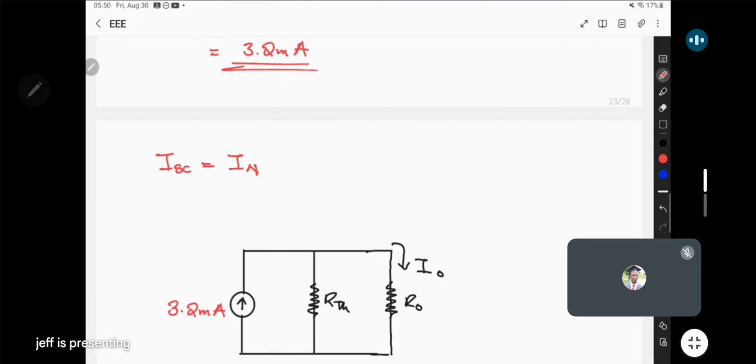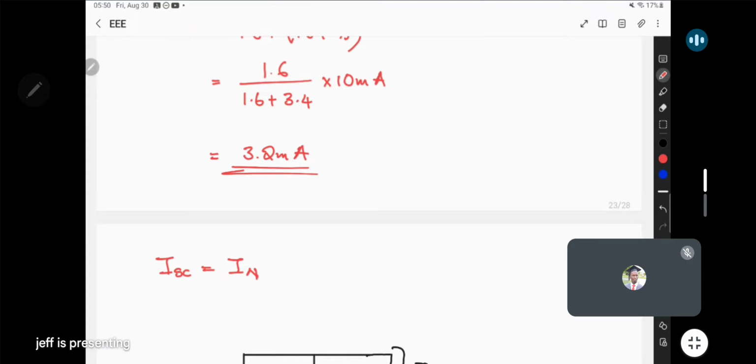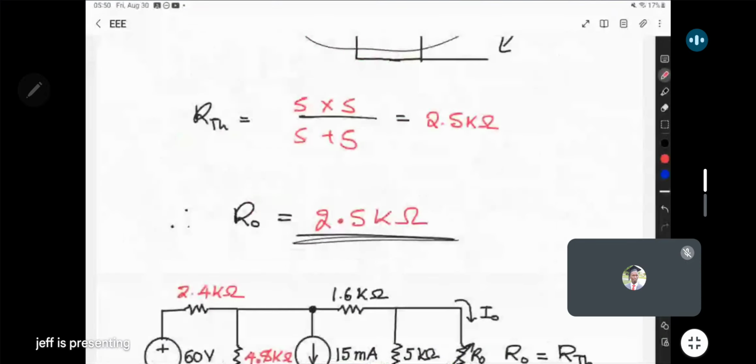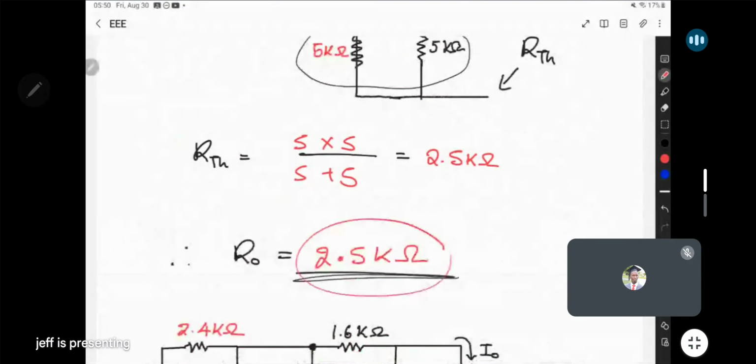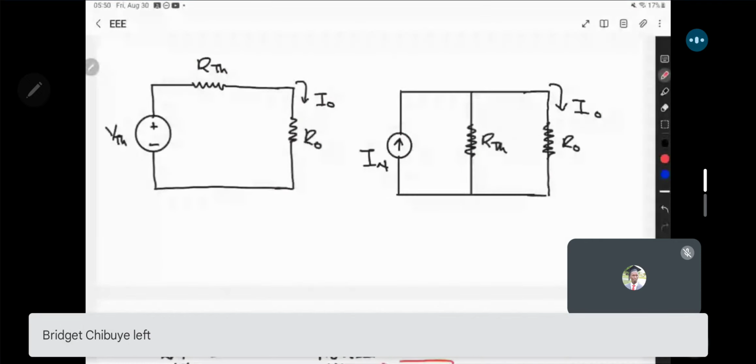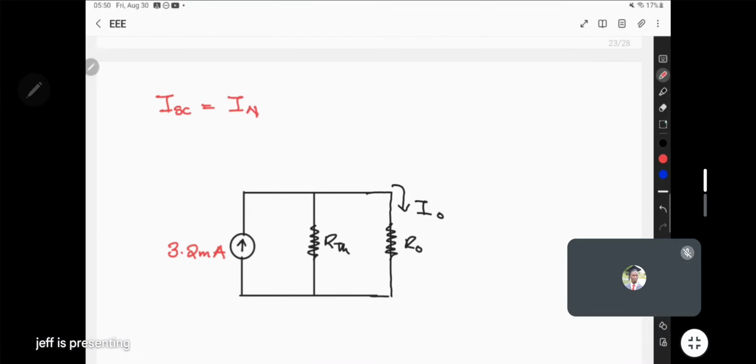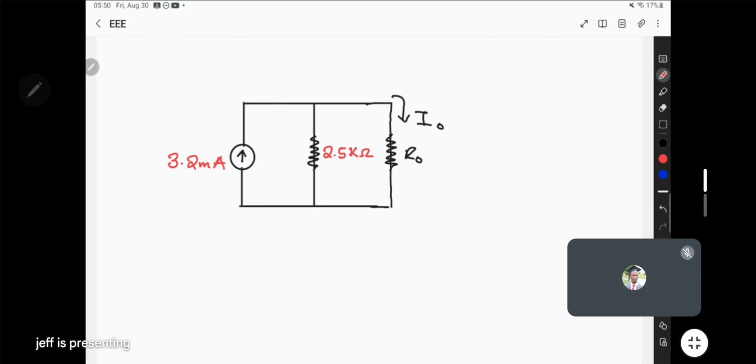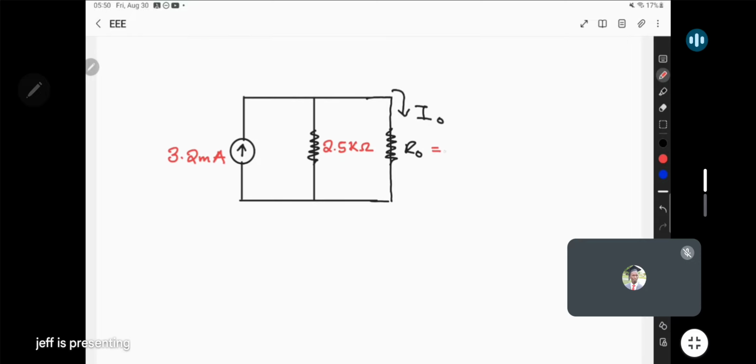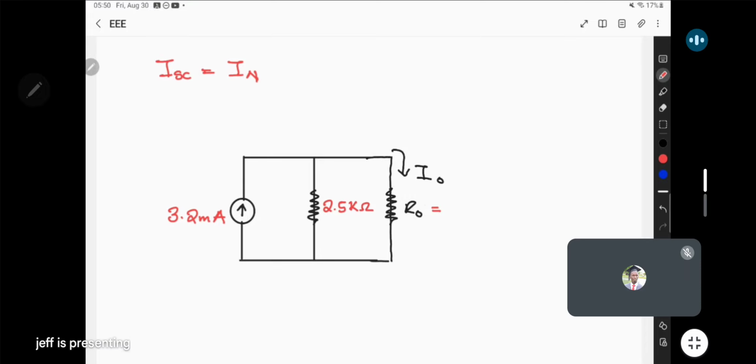R Norton, we already found the Thevenin's resistance when we started. It was 2.5 kilo ohms. Yes, 2.5 kilo ohms. So that comes here. And then the load resistor there. Remember, for maximum power transfer, the load resistor must be the same as the Thevenin's equivalent resistance.